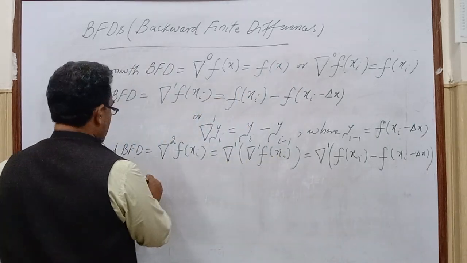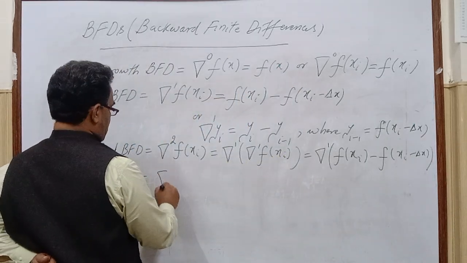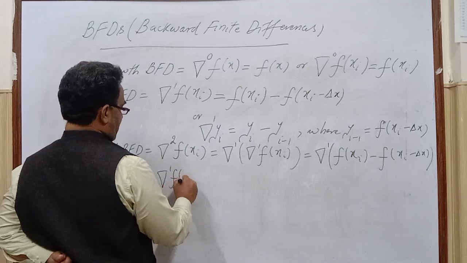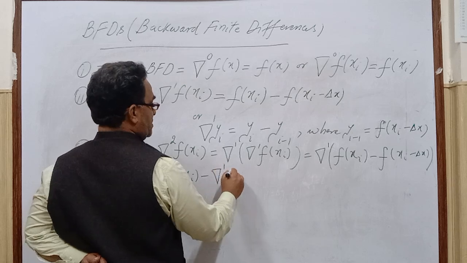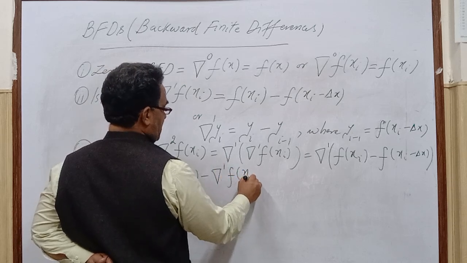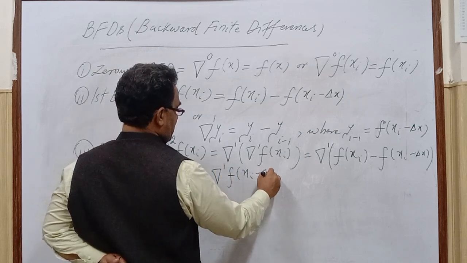So we will be having here del 1 f of xi minus del 1 of f of xi minus delta x.